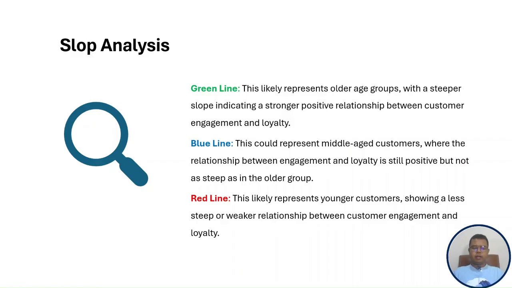In the slope analysis, you see that there are three types of lines: a green line, a blue line, and a red line. The green line likely represents the older age group, with a steeper slope indicating a strong positive relationship between customer engagement and loyalty.